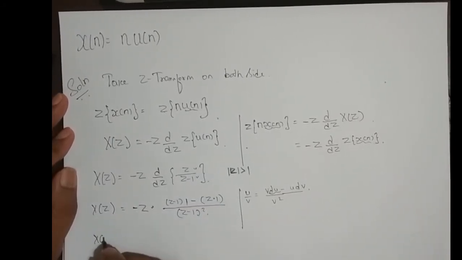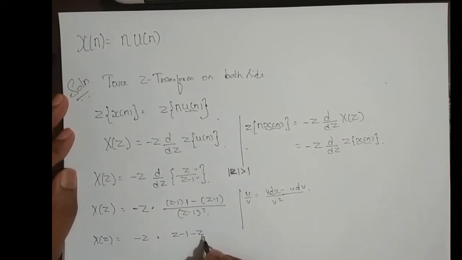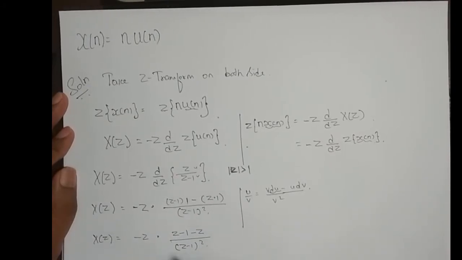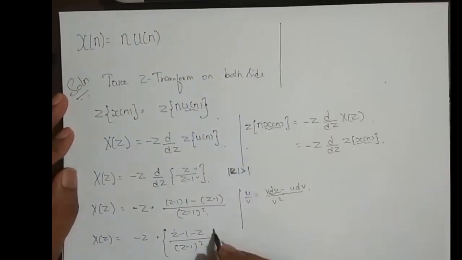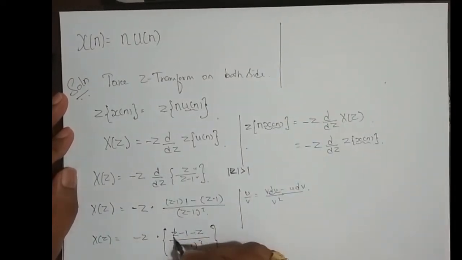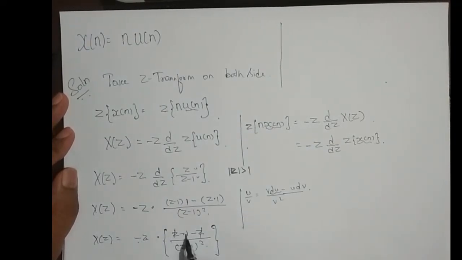So X of z is equal to minus z times, in brackets, z minus 1 minus z, whole divided by z minus 1 whole square. Here z and z cancel out, so I end up with minus z times minus 1.